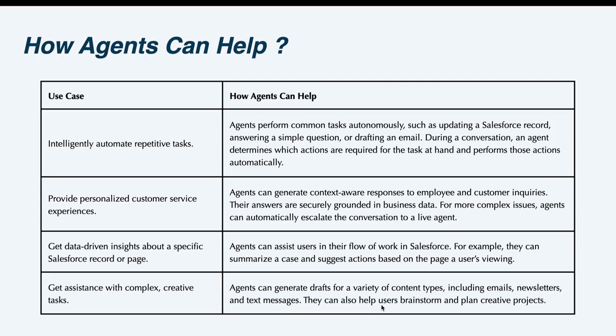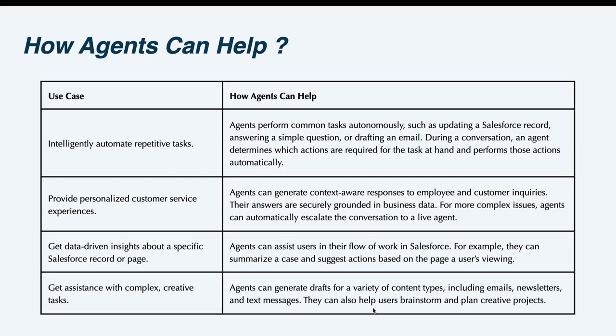They can get data-driven insights about a specific Salesforce record page and can assist users in their flow of work within Salesforce. And they can also assist you with some creative tasks like creating emails, newsletters, or text messages.